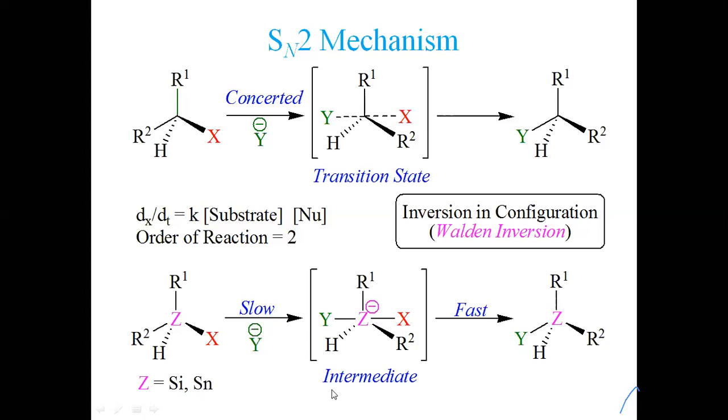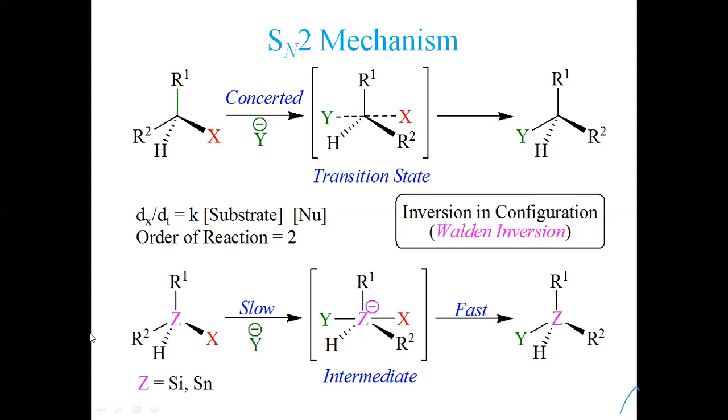But this is not following the SN2 mechanism. Why? The SN2 mechanism proceeds via a transition state. But look at here, what is happening? In this case, the Z atom, silicon or tin, is making 5 bonds.